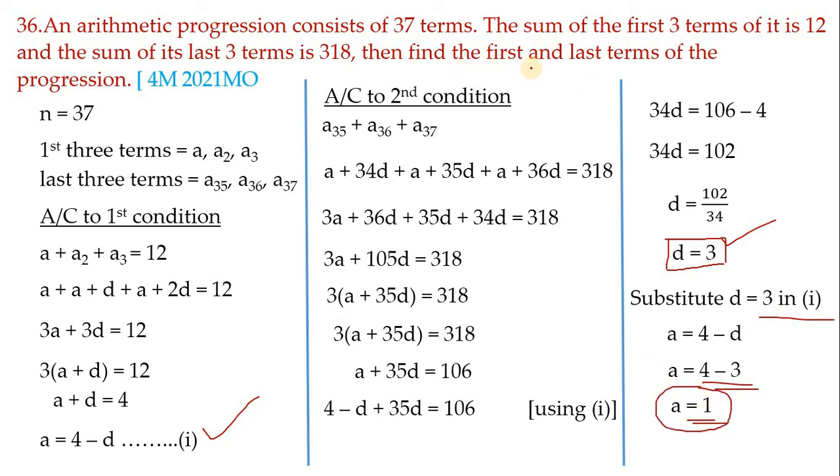See in the problem what they are asking. They are asking to find the first term and the last term. So for our first term we have got it here, and for the last term, A37 we have to find. So A37, can we write it as A plus 36D? Very simple. Now the A value we have got, how much? 1.